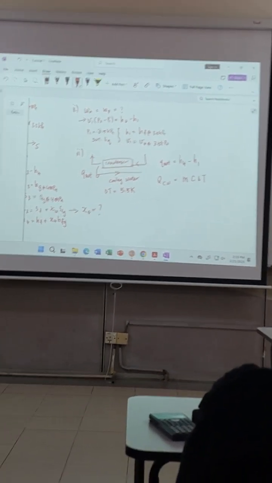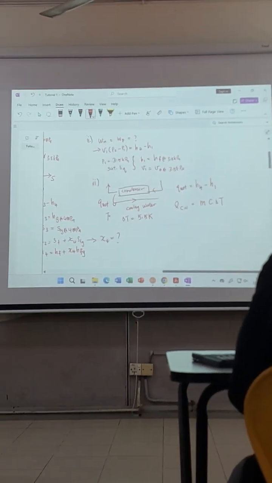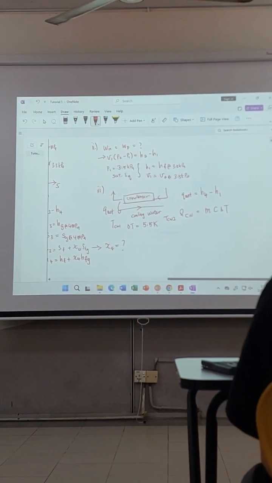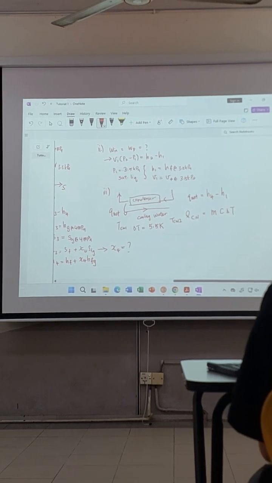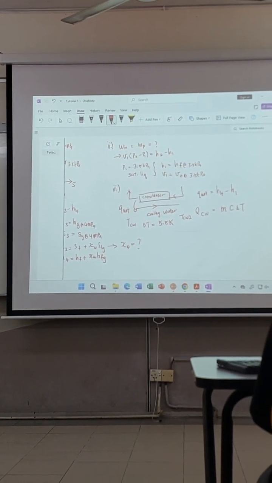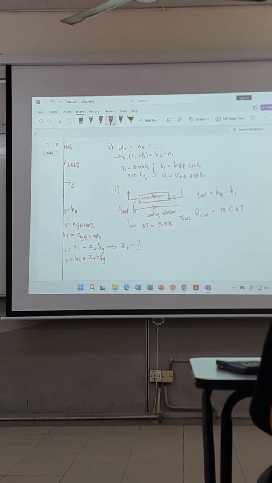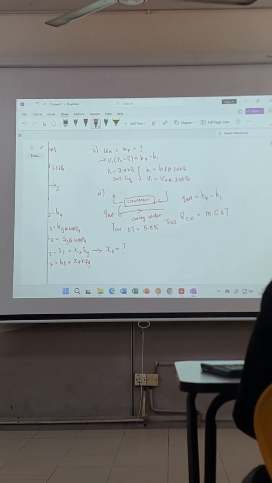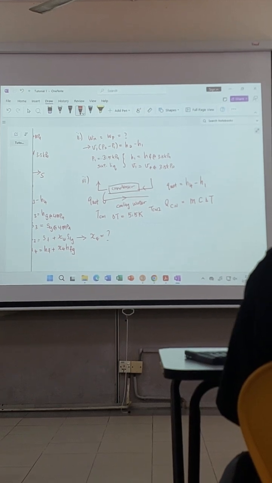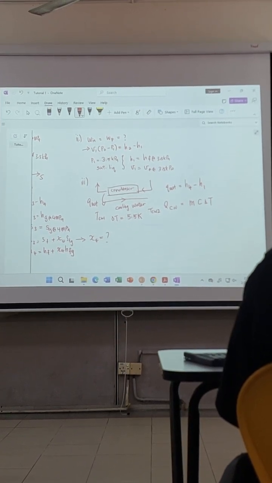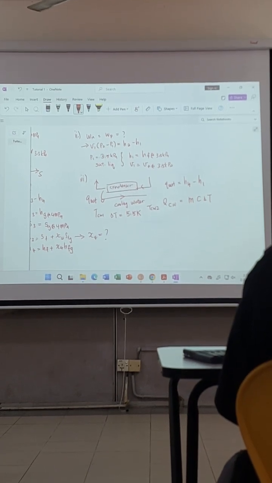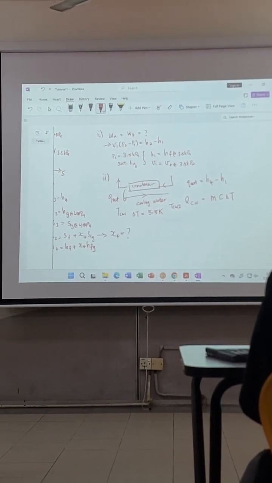If you have T water 1 and T water 2, you can use the enthalpy directly, then you don't use mcΔT. mcΔT is fine, but in this case, you have no choice because what you know is the temperature change. You do not know their actual temperatures, so you can't use h in this case. So you have to use mcΔT.